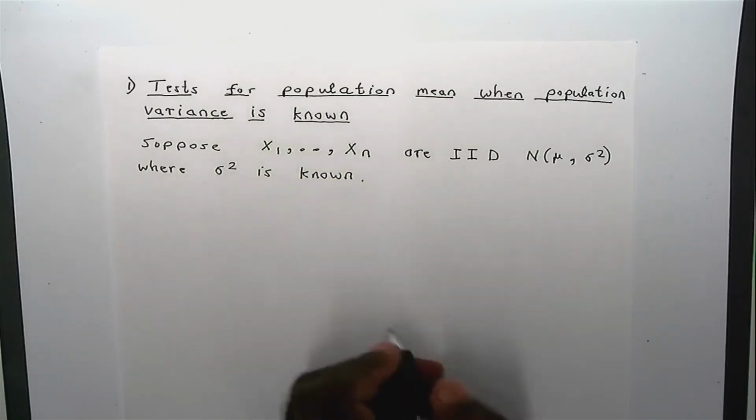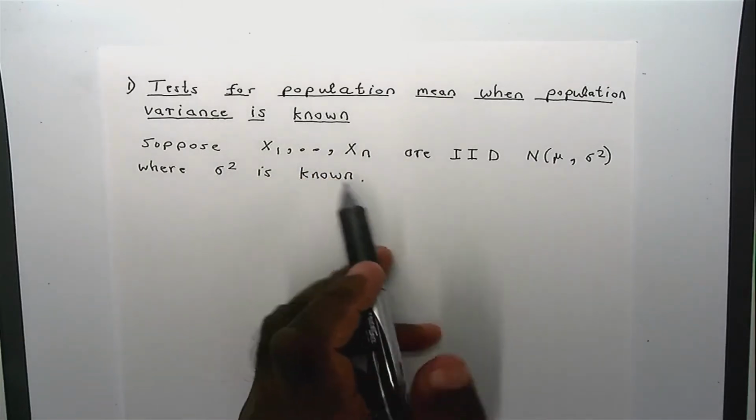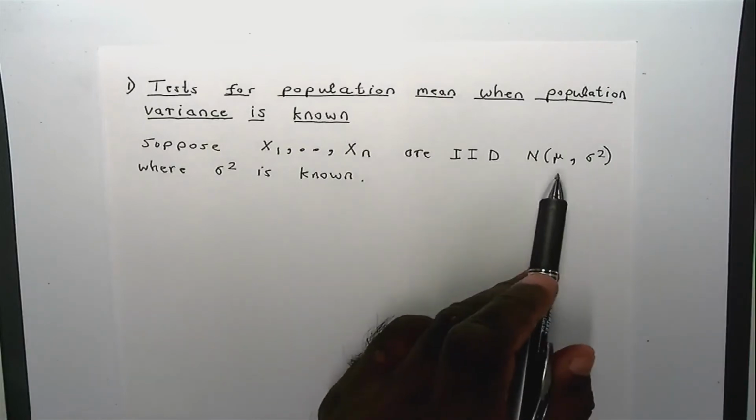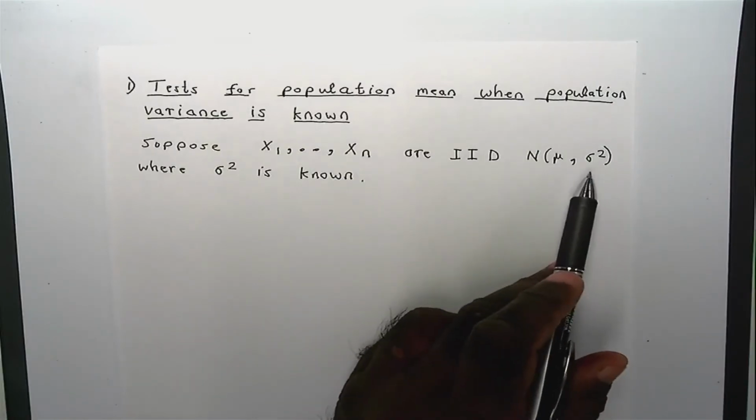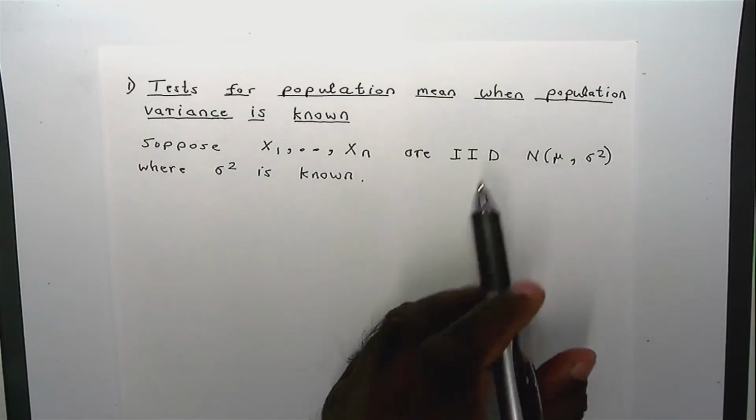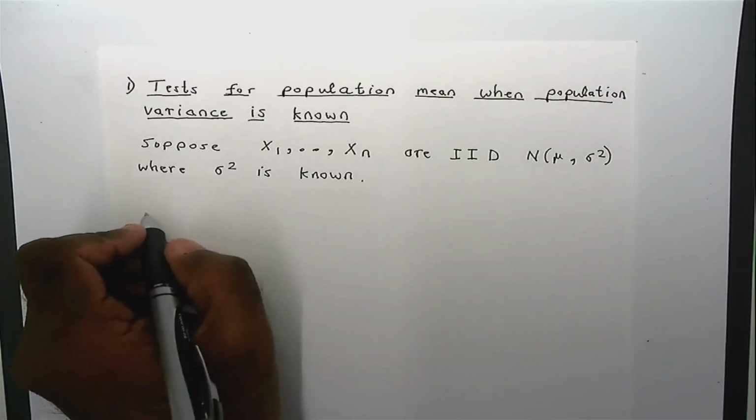So this is the case where we are trying to test for the population mean when the population variance is known.